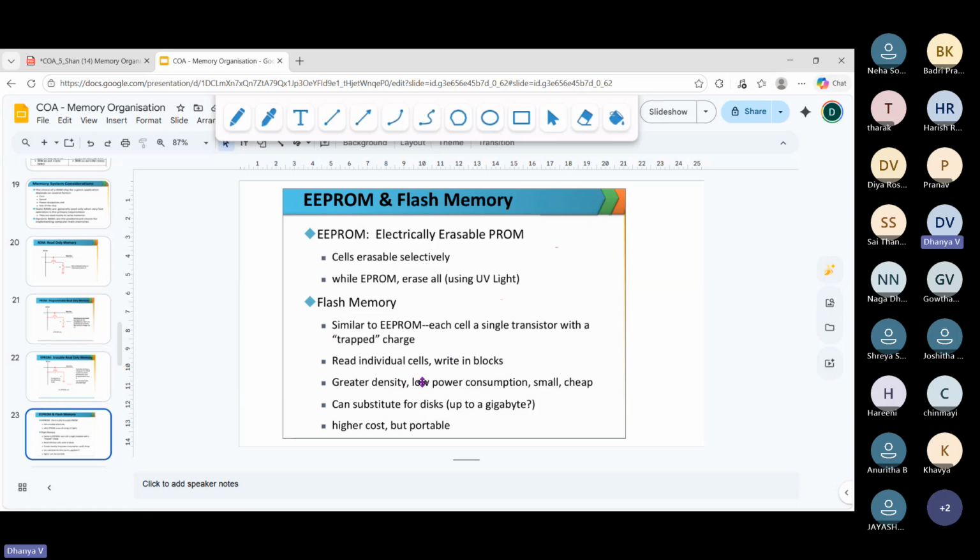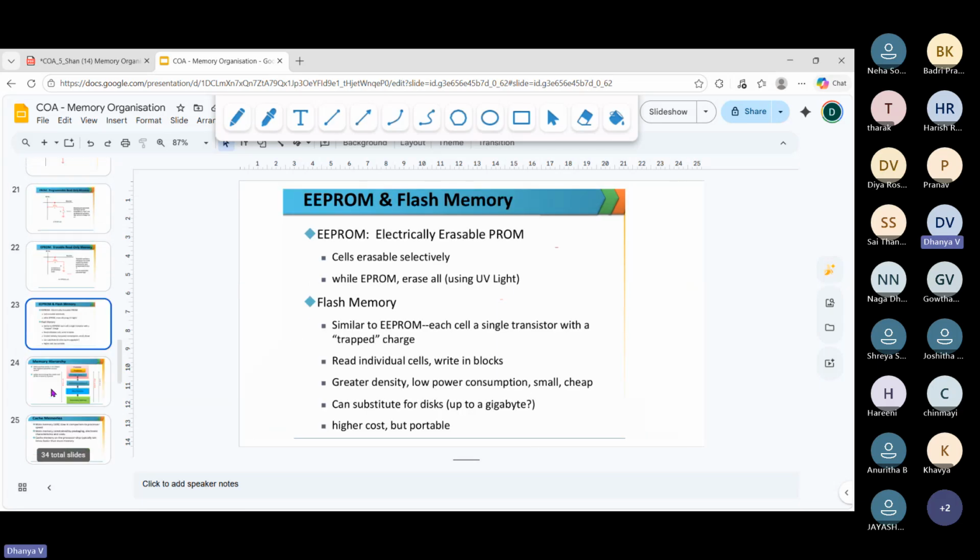It is usually used in your SSDs, USBs and all. Okay, it is similar to your EEPROM. So that's all. We have just done the same thing.